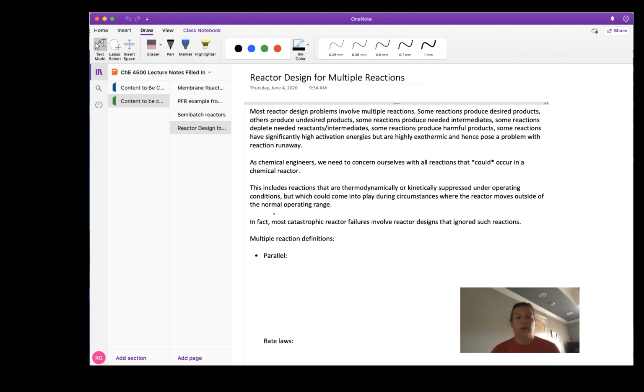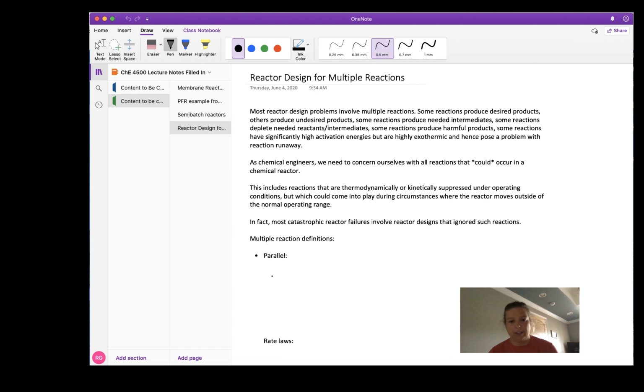We'll get more into that when we talk about reaction runaway, but it's good to start thinking about now. In fact, most catastrophic reactor failures involve reactor designs that ignored such reactions. It's not usually an intentional ignoring of those types of reactions, but a failure to recognize that they were possible. So with that, let's talk about multiple reactions.